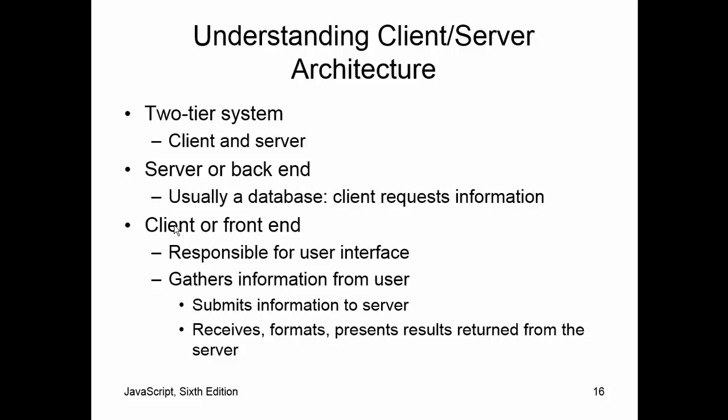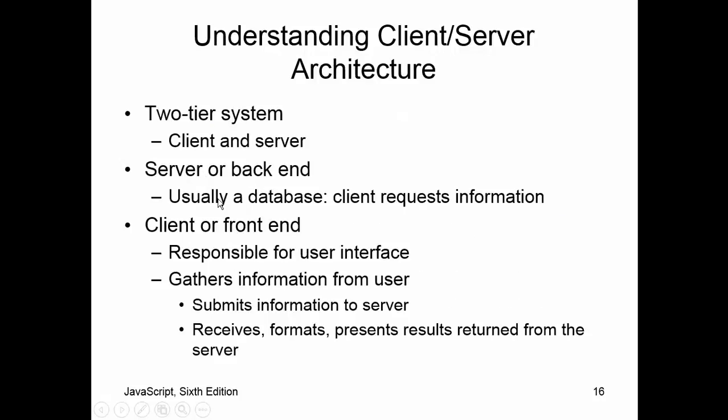So the client comes in and requests information, and that's called an HTTP, or Hypertext Transfer Protocol, request. The server attempts to give the browser the information it's requested, and that's an HTTP, or hypertext transfer protocol, response. You at your computer, the client, you're known as the front end.